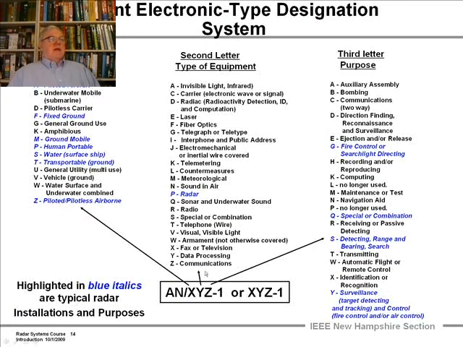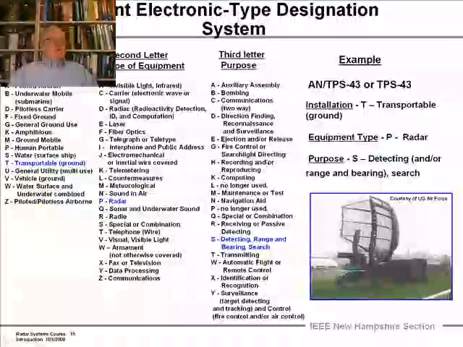The second letter tells you what it is, and of course the P would stand for radar. And the third tells you something general about its purpose. G being fire control or searchlight directing, Q, special purpose accommodation, S meaning search, tracking, and Y, surveillance. So this is the code. This is how you break the code. And I'll show you quickly one or two examples.